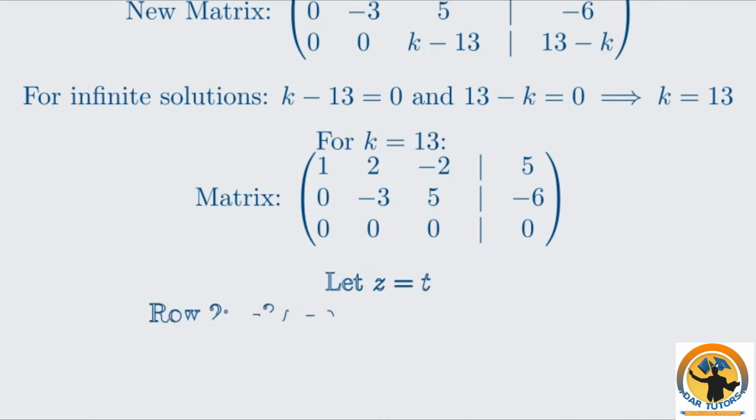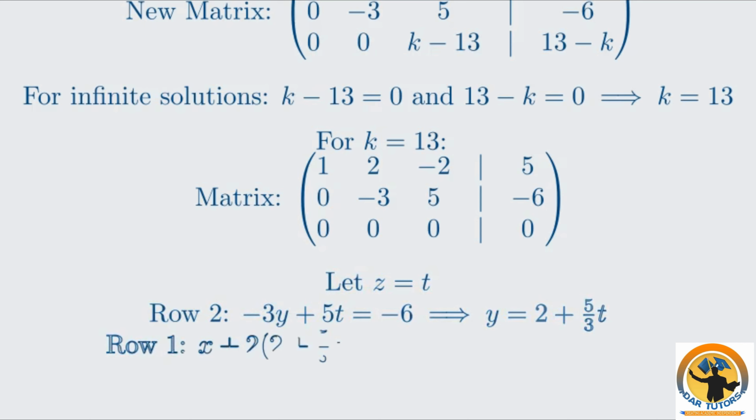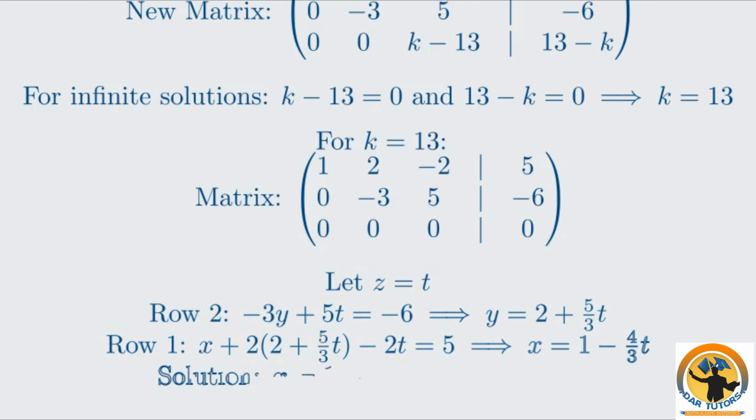From the second row, -3y plus 5z equals -6. Substituting z equals t, we find y equals 2 plus 5/3 t. From the first row, x plus 2y minus 2z equals 5. Substituting y and z, we find x equals 1 minus 4/3 t.